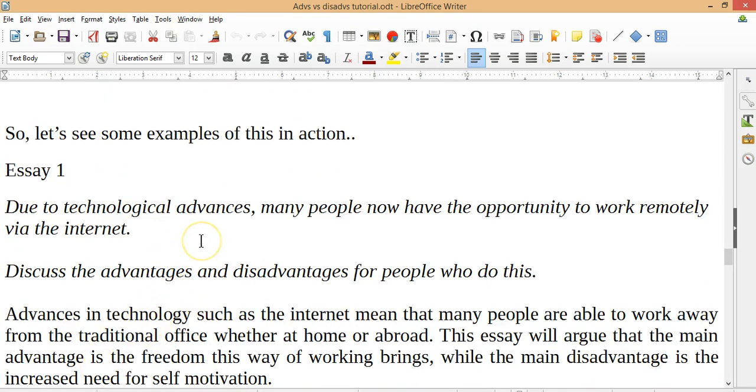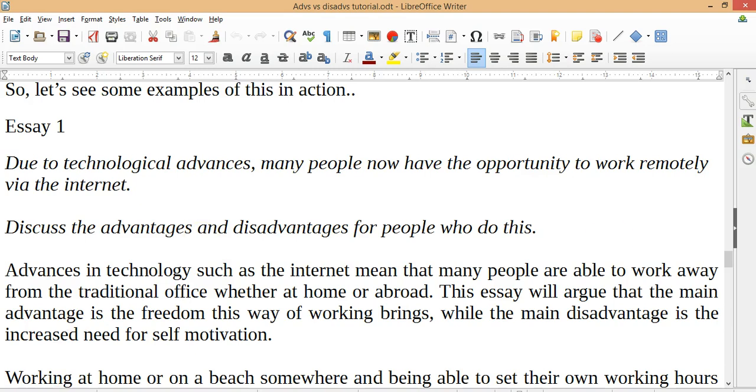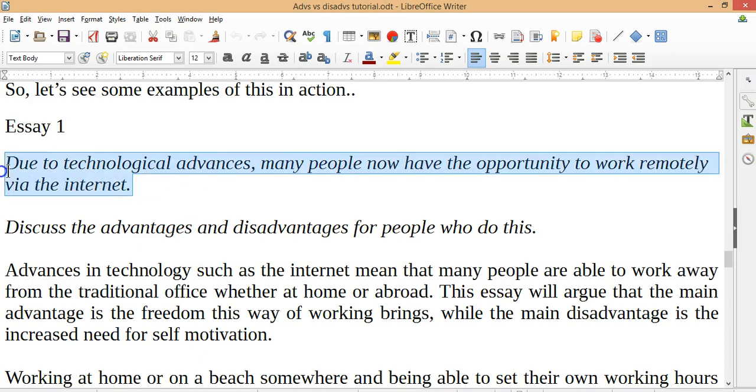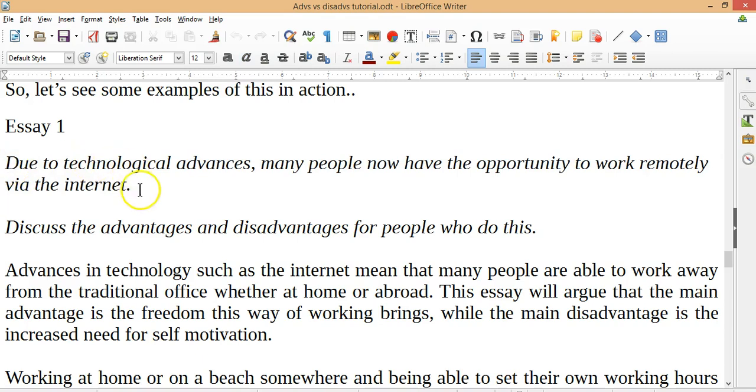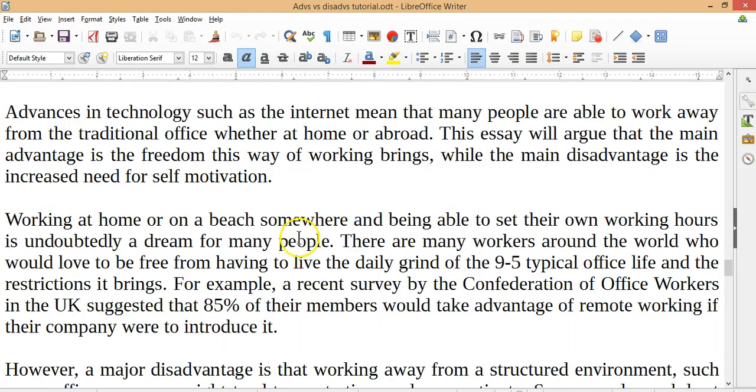So let's see some examples. So essay 1, and I'm using the same question. Due to technological advances, many people now have the opportunity to work remotely via the internet. Discuss the advantages and disadvantages for people who do this.